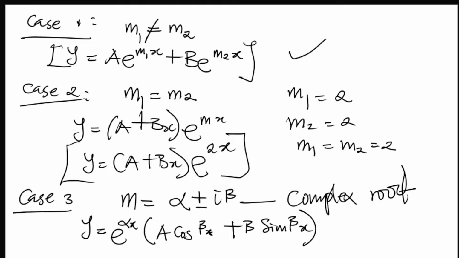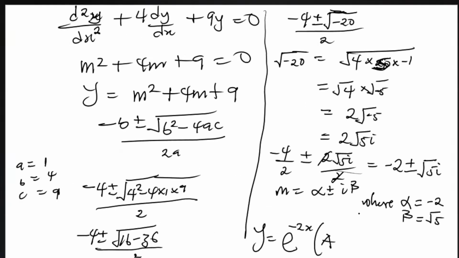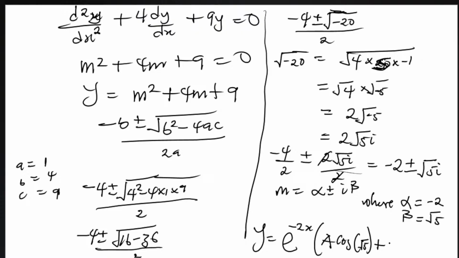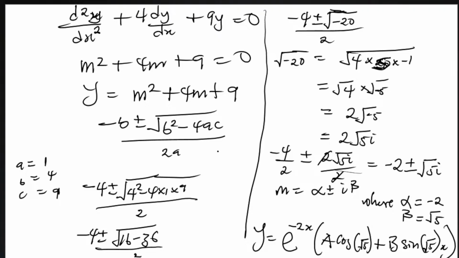Your beta there is square root of 5. So you have A cos root 5 x, plus B sine beta x, which is B sine root 5 x. Are we together? So this is the final solution for our given equation.